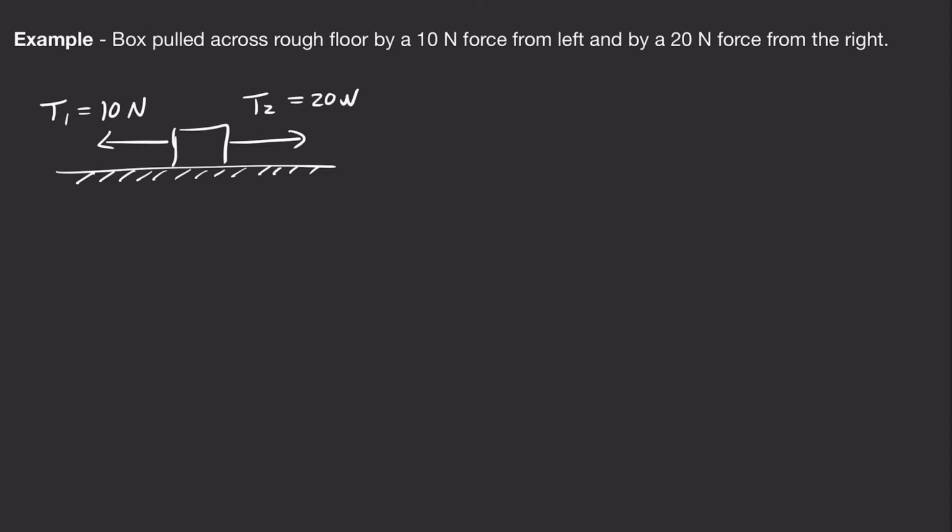If I draw my free body diagram, it has a weight that is straight down, a normal force that is perpendicular to the surface or straight up, and then I'm going to draw T1 to the left, and I'm going to draw T2 a bit bigger to the right. And this is going to tell me that T2 is bigger than T1.